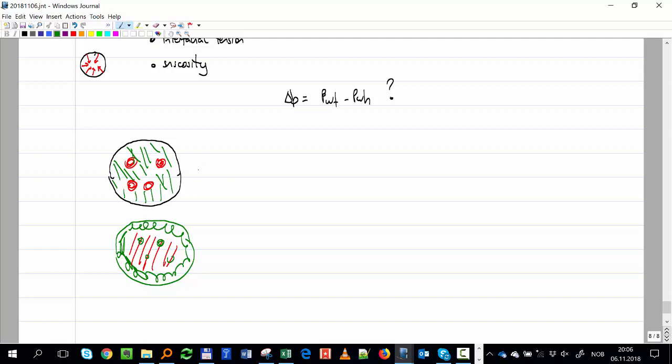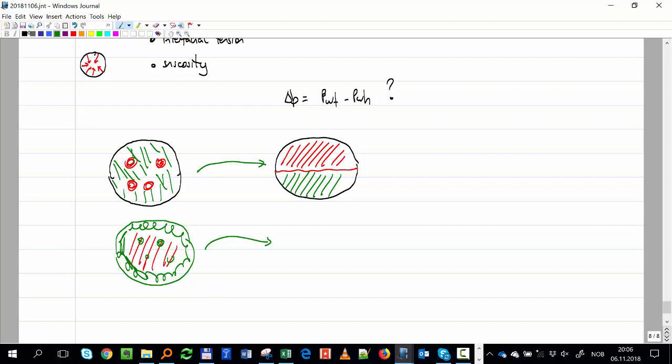What I'm going to do is separate. This is a thought experiment. I'm not going to do that in the field, but I'm just going to separate, and do the same thing here, like that.